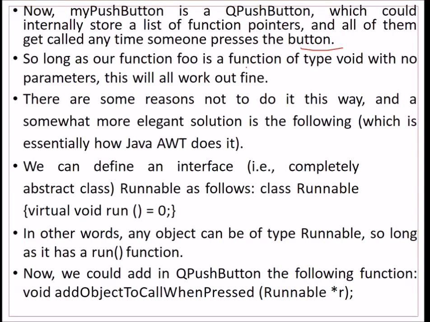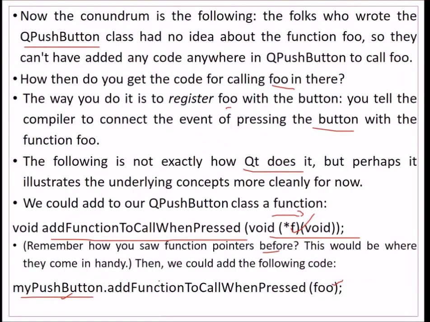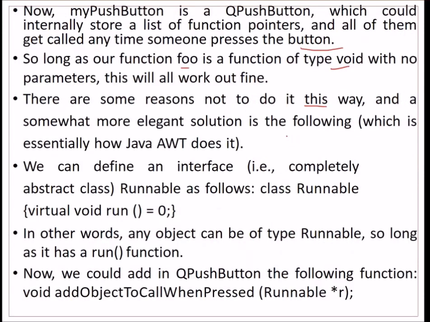As long as your function foo is of type void with no parameters, this will all work fine. But there are some reasons not to do it this way, and a somewhat more elegant solution is already there. In Java AWT we used to do something like this, and we can define an interface.